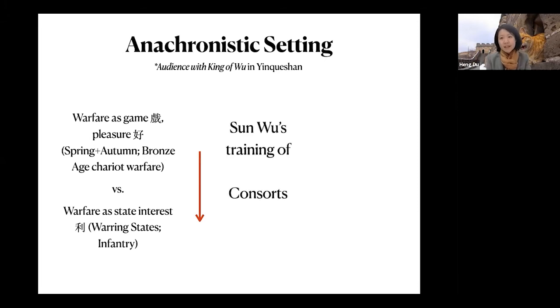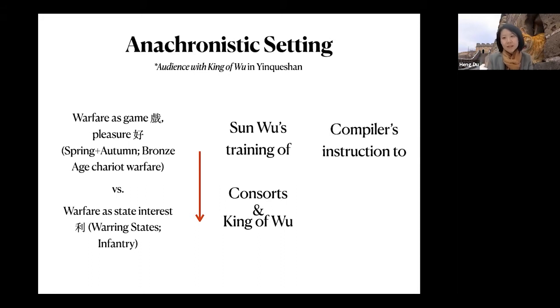In some ways, Sun Wu's training of the consorts is also the training of the king himself, who is transformed from a Spring and Autumn warrior into a Warring States ruler who can lead a successful infantry army. And it's similarly also an instruction for the audience, right?